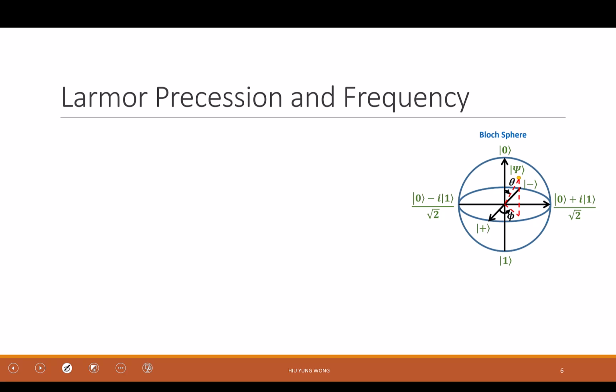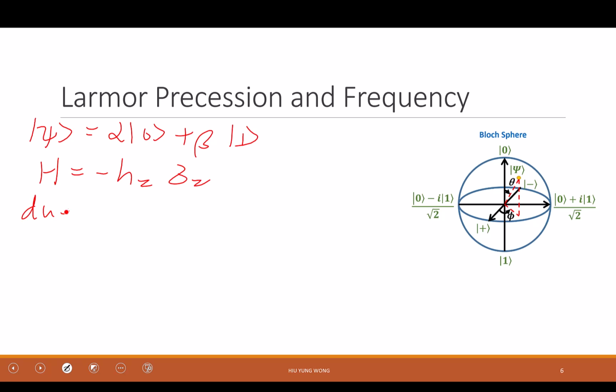What happened? Last time we said if you have a Hamiltonian, if you start with the psi equals alpha 0 plus beta 1, and if the Hamiltonian equals negative hc sigma z, then due to the Schrödinger equation, which is again i h bar partial psi partial t equals H psi, I'm just repeating.